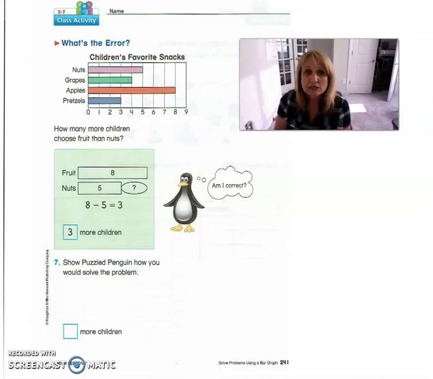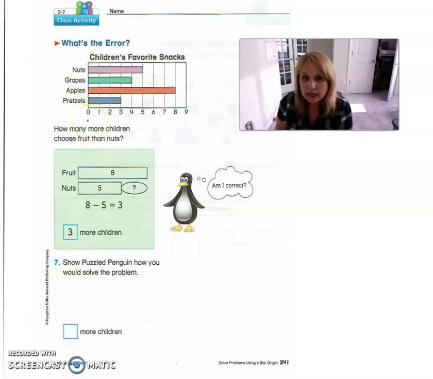All right, so let's look. The graph is called Children's Favorite Snacks. Okay, so these were the favorite snacks of the children that were interviewed. Nuts, grapes, apples, and pretzels.